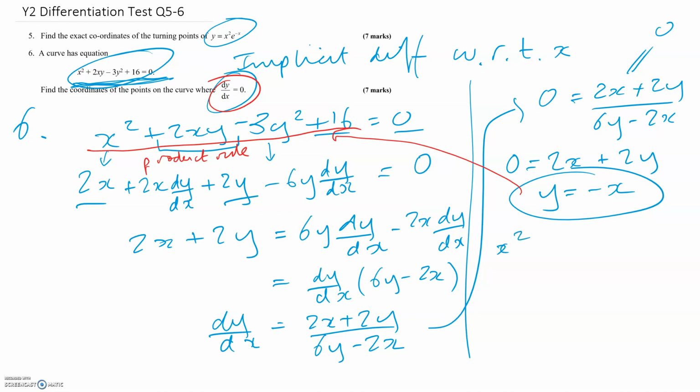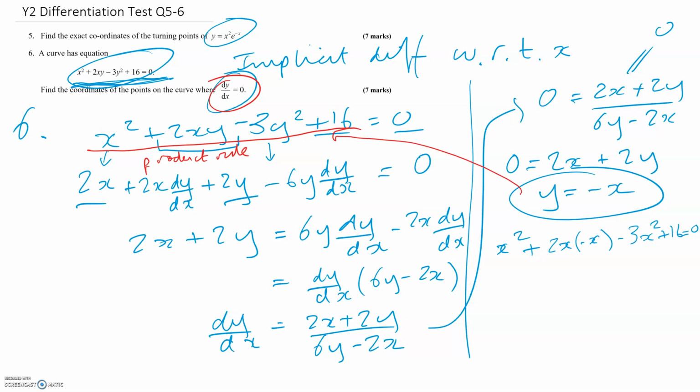We're going to get x squared plus 2x times y, which is going to give us, well, I'll just stick a minus x there for now. And then we've got minus 3y squared, which is minus 3x squared plus 16 equals 0.